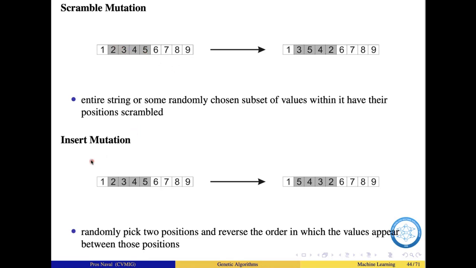You can also have an inversion mutation where we randomly pick two positions and reverse the order in which the values appear between these two positions. Okay, so in this segment here, you just reverse the order and get a mutated individual.